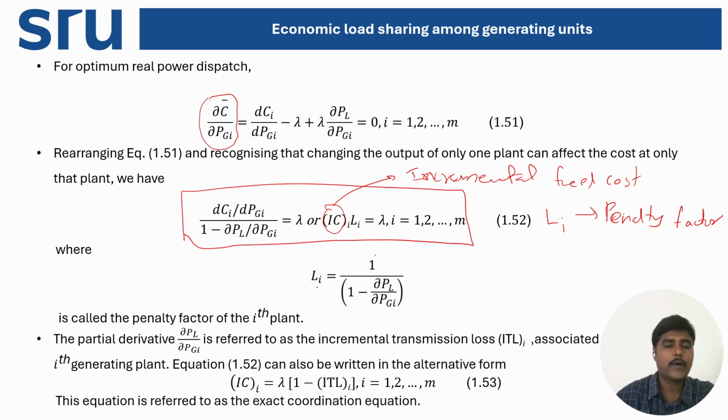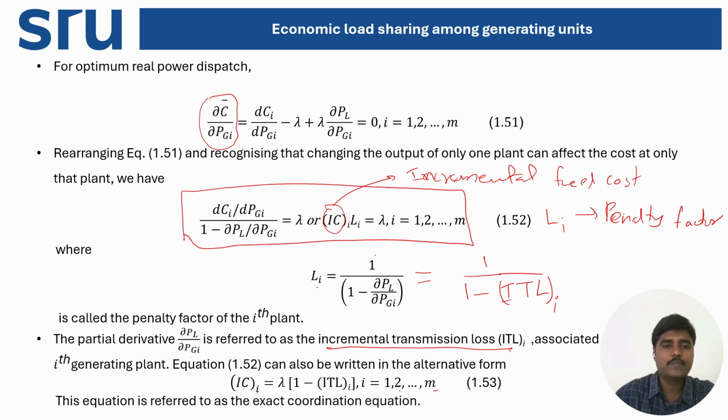So here the partial derivative dou PL by dou PGi is called the incremental transmission loss, in short ITL. Based on that, you can express this penalty factor as 1 by 1 minus ITL. If you want to express it in general, then indicate suffix i, where i can be taken as 1, 2 and so on up to m.